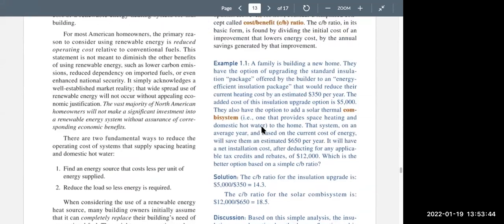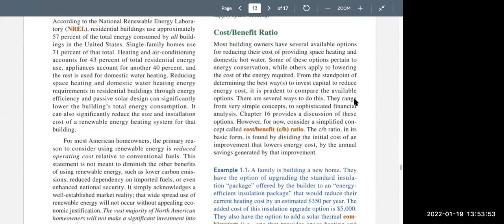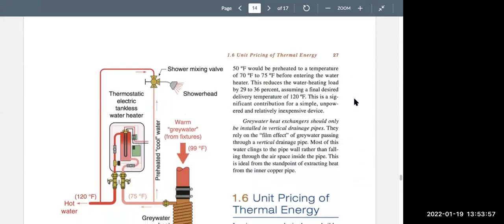Okay, so let's see this right here. You'll notice that the text right here jumps from page 15 to 27, which is what I wanted to do because I didn't want us to talk about using gray water. They're talking about over the next couple chapters using gray water. That's your sewage water to heat your house. I'm not really interested in talking about that.